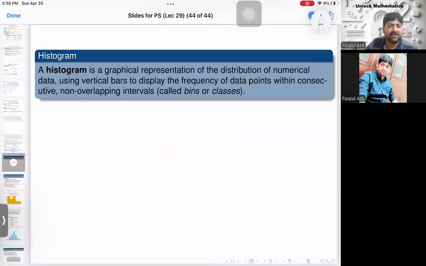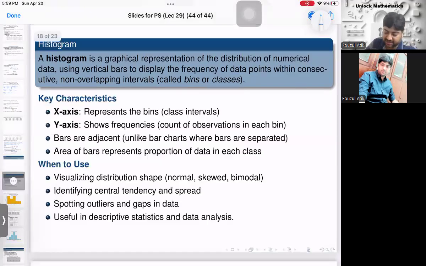So basically, it is a graphical representation of numerical data. Now, what is the key characteristic of it? The x-axis represents the bins or the class intervals, the y-axis shows the frequencies, and these bars are adjacent, and the areas of the bars represent the proportion of data in each class.